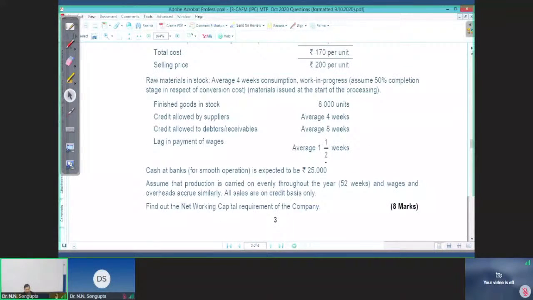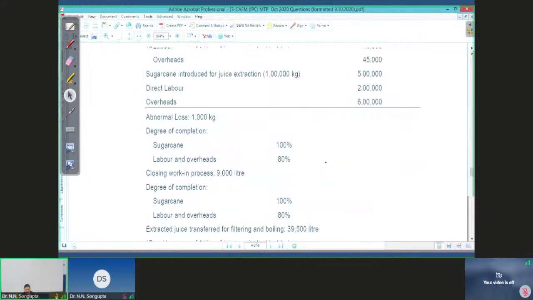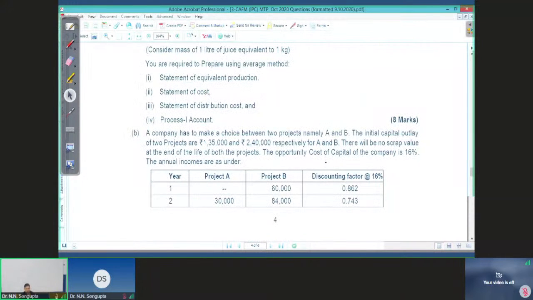And then the next question, of working capital management, is a very important type of question, and we need to calculate the net working capital of the company from here. The next question is process, and in case of process, the statement of equivalent production is very, very important. And then how to calculate the statement of cost, statement of distribution cost, process 1 account, etc. So this is one type of question you can practice.